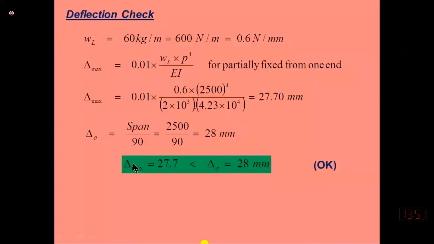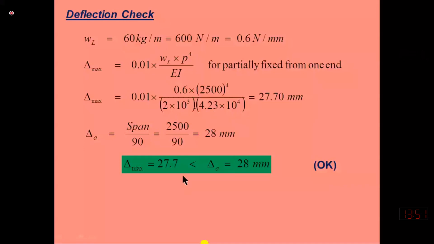If the actual deflection comes out to be more than 28, we will discard that sheet and select the sheet on the upper side, which will have more moment of inertia. So instead of gauge 22, we will apply the checks on gauge 20, because we need to satisfy the deflection criteria.